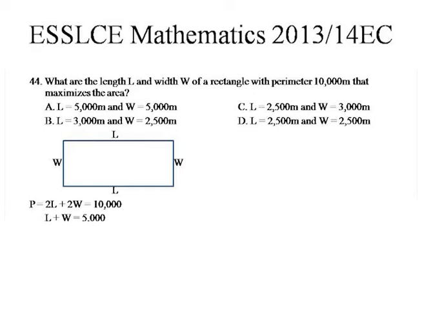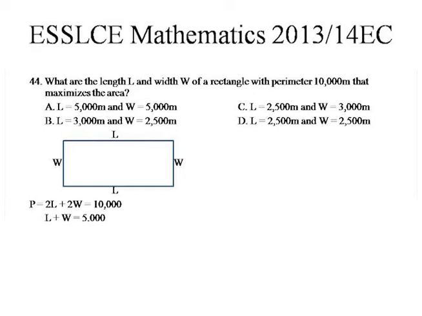Without going for further calculation, we can realize that choice D is the answer, because it's only the sum of L and W at choice D that is equal to 5,000. But for your general knowledge, let's go through the steps to solve the problem.